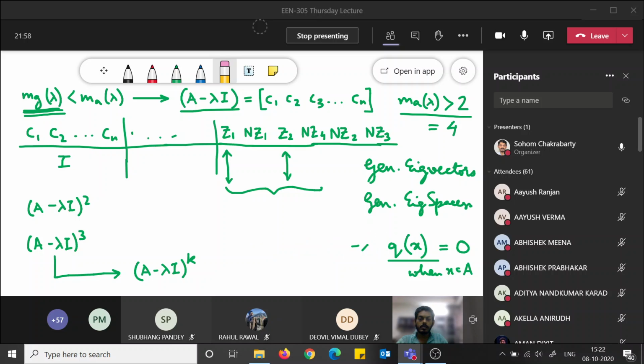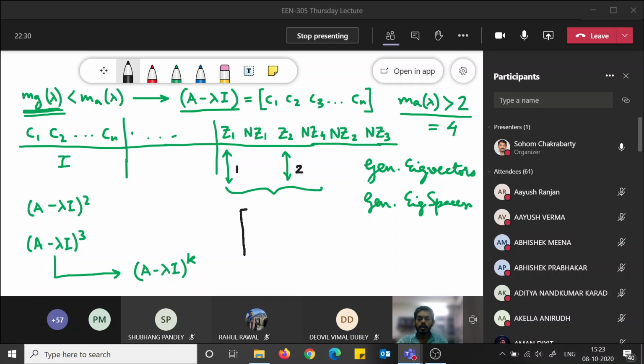That means one of the original eigenvectors, suppose this is v1 and this is v2, either this or this is going to lead you to k eigenvectors.